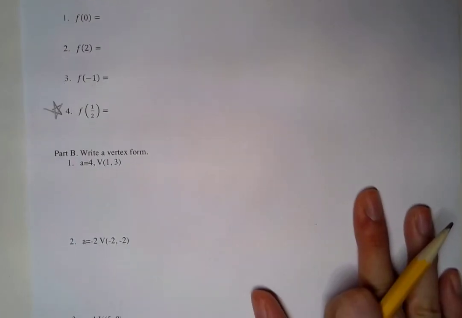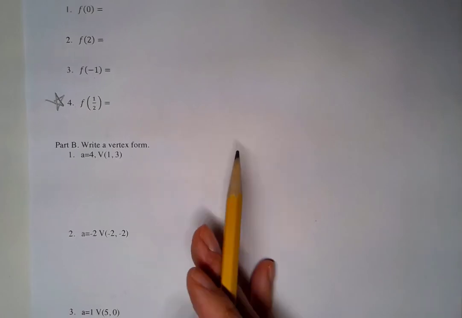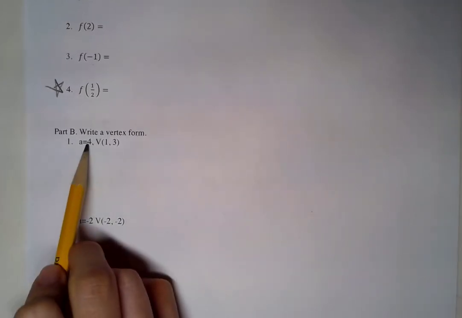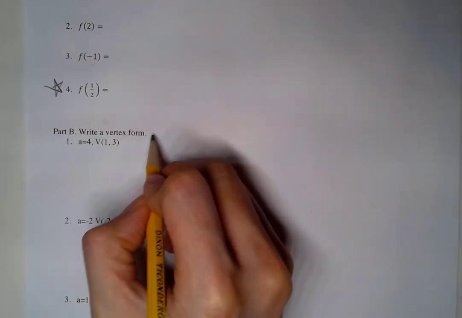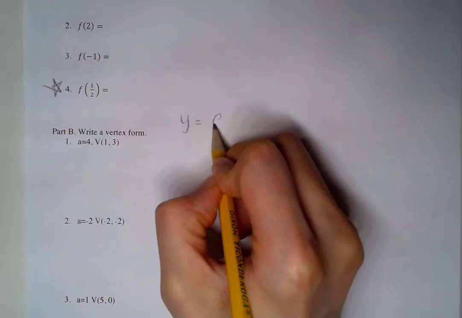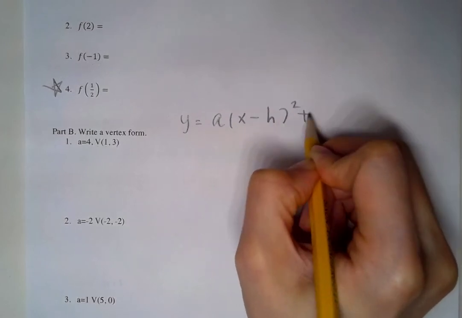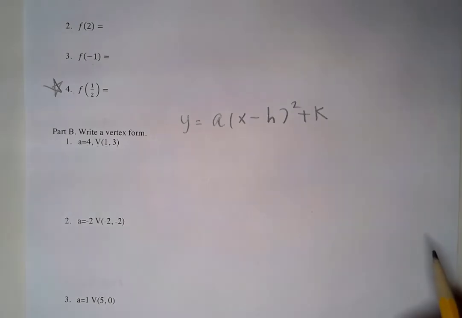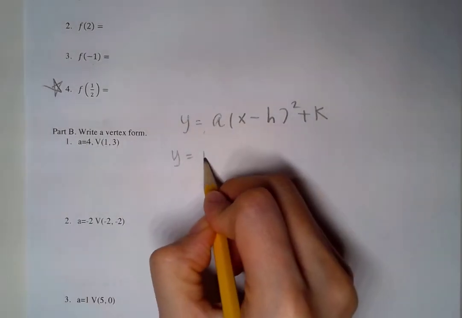And part B, this is write a vertex form, right? So you don't have to calculate anything, but I want you to practice how to write the vertex form. Your A is 4. Your vertex is 1, 3. Then how do you write it? Because my vertex form is A times x minus h squared plus k. You need to memorize this form, guys. And what's my A? 4. So you put 4.